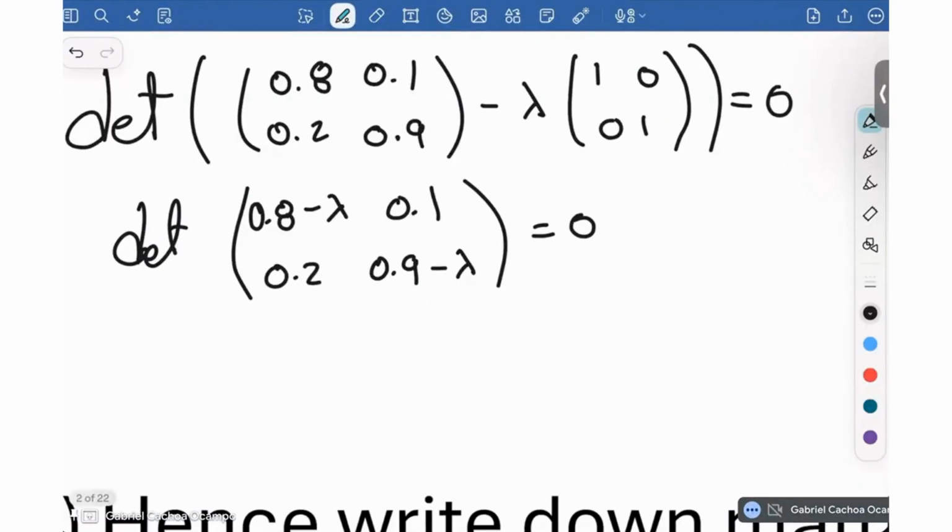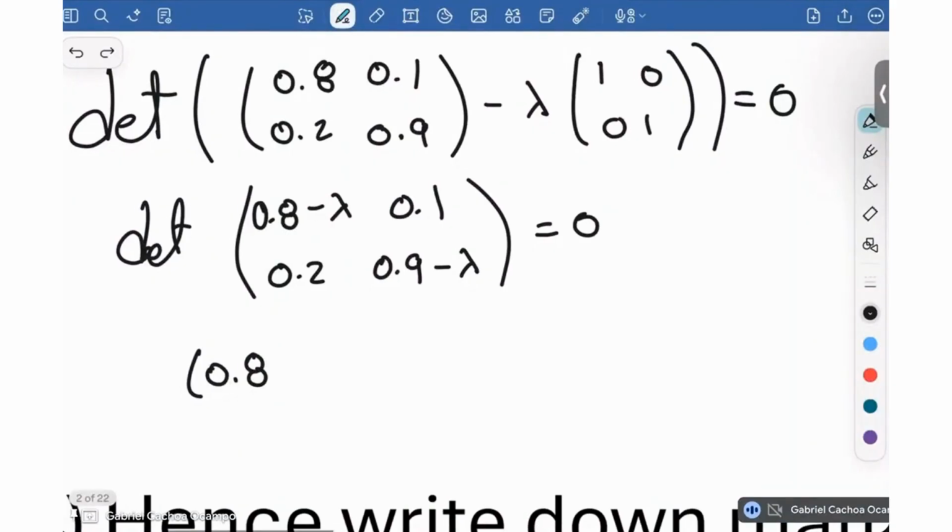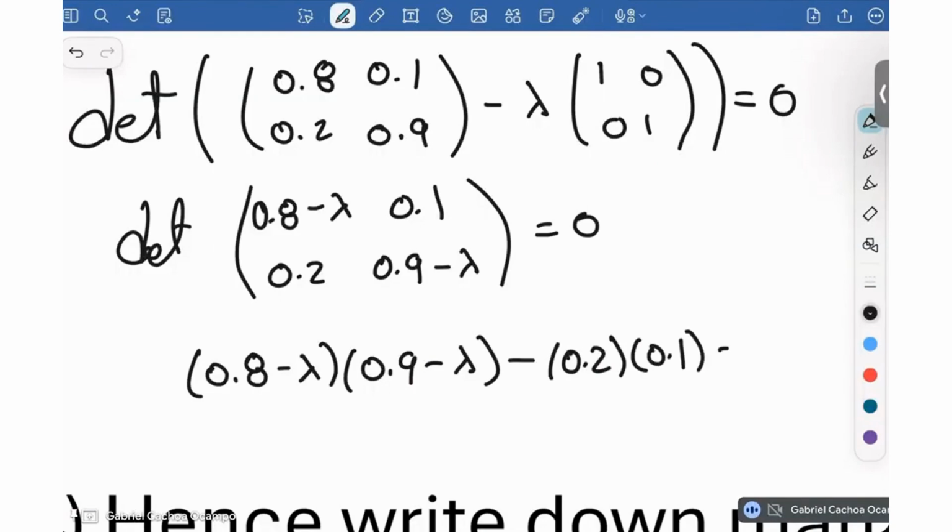And now I use the formula for the determinant, and that is 0.8 minus lambda times 0.9 minus lambda, minus 0.2 times 0.1. This is the formula for the determinant, no? And now I want to solve this equation.